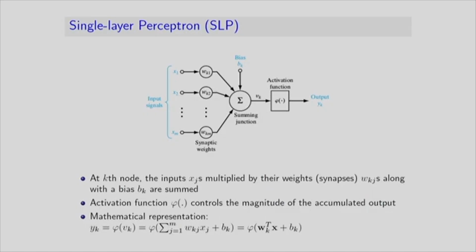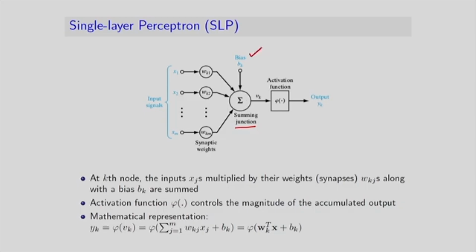In this case I have shown one single layer perceptron, SLP. We have the input signals x1, x2 up to xm, you can see in the figure. You can see I have shown the summing junction and the connecting weights. So wk1, wk2, wkm, these are the connecting weights between the input nodes and the summing junction.